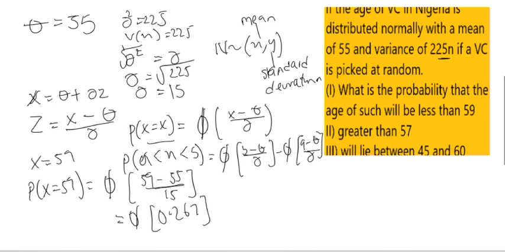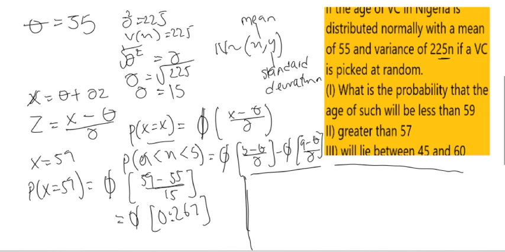0.267. Once you get 3 digits, you can stop. You can get this value with your calculator. I'm going to send a video explaining that, but if you do not have a calculator, you're going to use the table. For the table, you go to the z score index and look for 0.2.